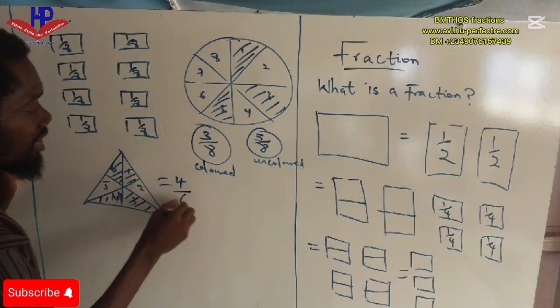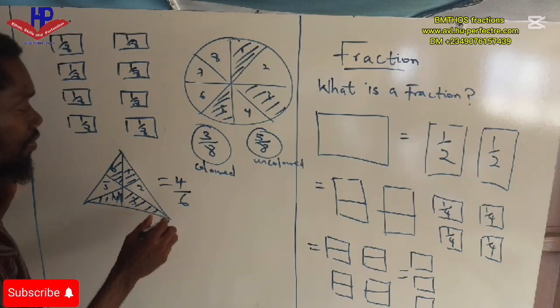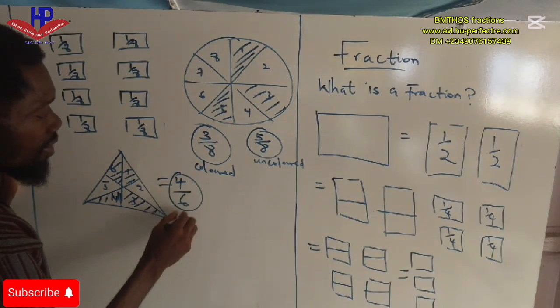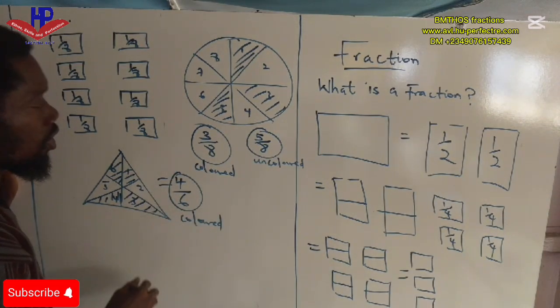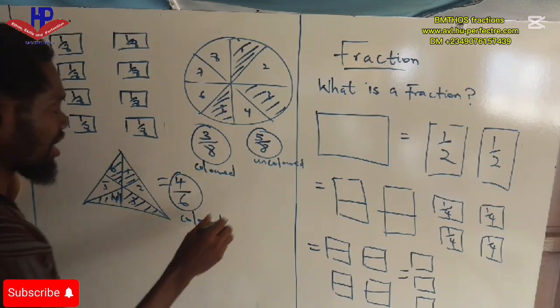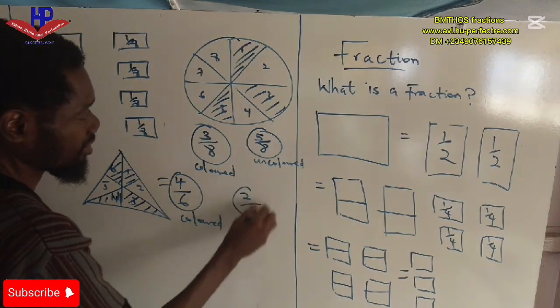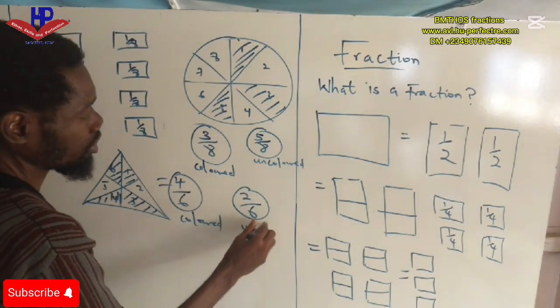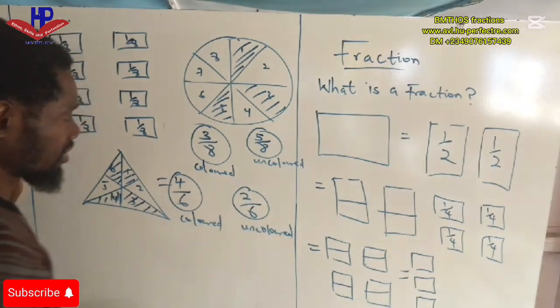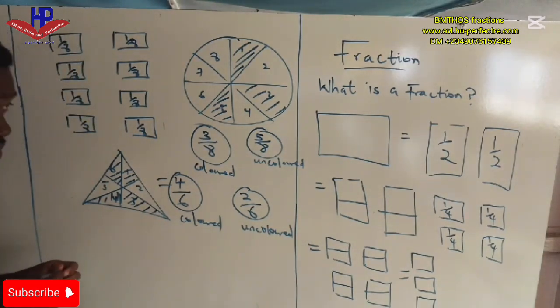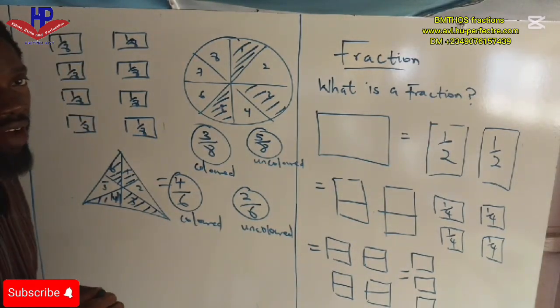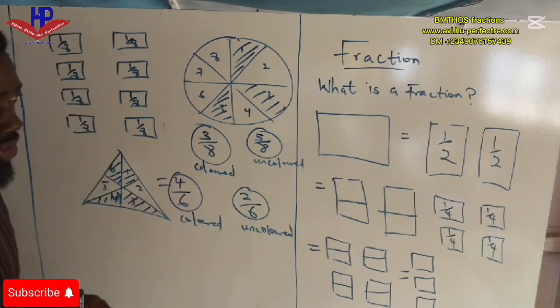The answer will be 4/6. So the colored part is 4/6, and the uncolored part will be 2/6. So this is how you go about writing numbers in their fractional forms.